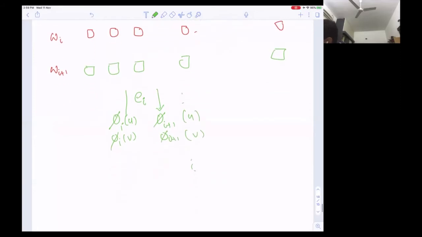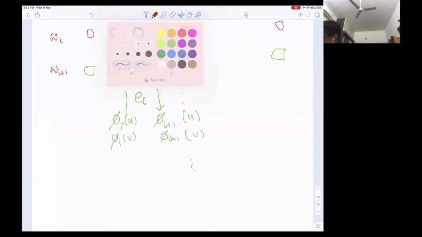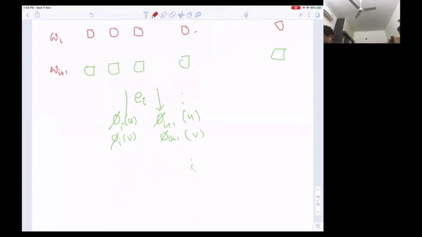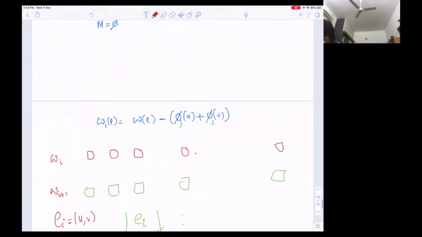Now notice by the way we are doing something, how does the potential change? What we did to the potential is that after this stage, we made an update to the potential. Suppose EI is U comma V. What potential did you make change to? You added this particular value.